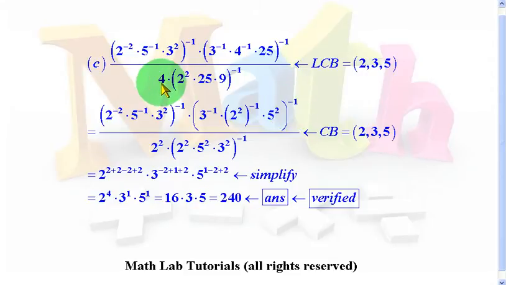Let's scan the bottom. We have 4 can be rewritten as 2 to the power 2, and over here 2 to the power 2 is a drop down. 25 can be rewritten as 5 to the power 2, and 9 can be rewritten as 3 to the power 2. Now if you look at the expression, everything is in terms of either base 2, base 3, or base 5, and that's the objective.